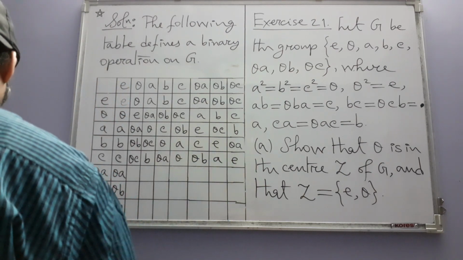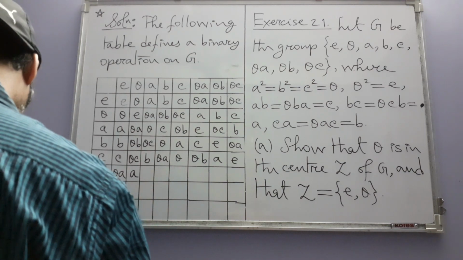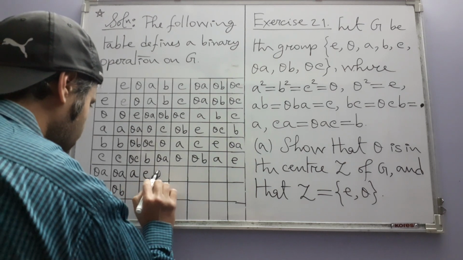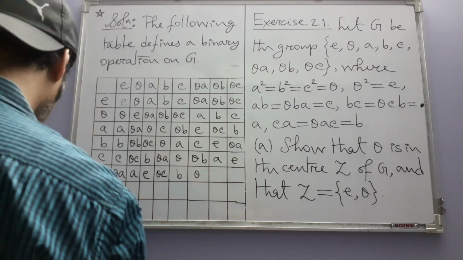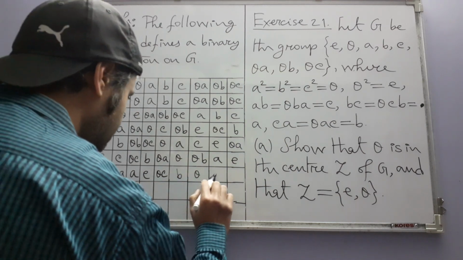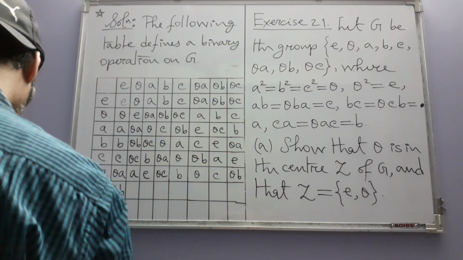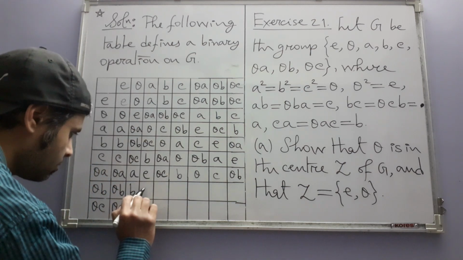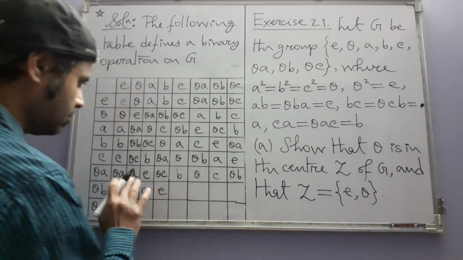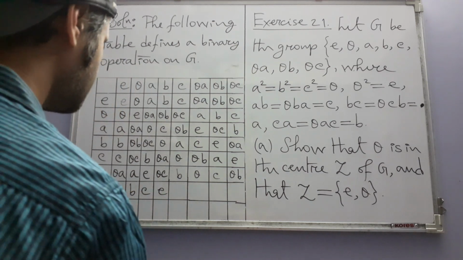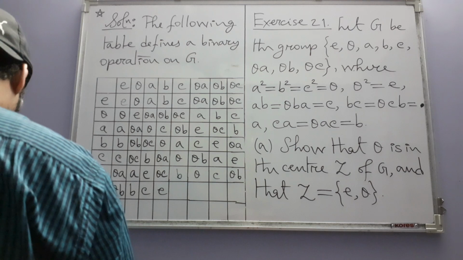Then the row of theta A. Theta A, E, theta C, then B, theta, C, theta B, then the row of theta B. B, C, E. Yeah, there is a chance of getting confused between C and E. This is E, but this is, I will explain some things about this table.